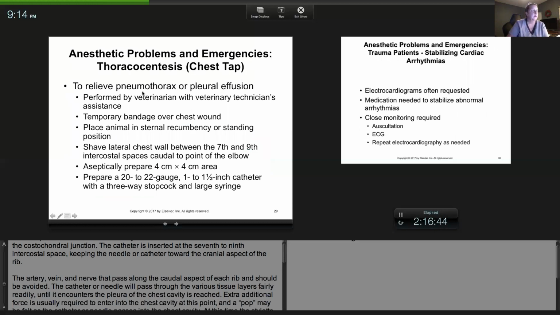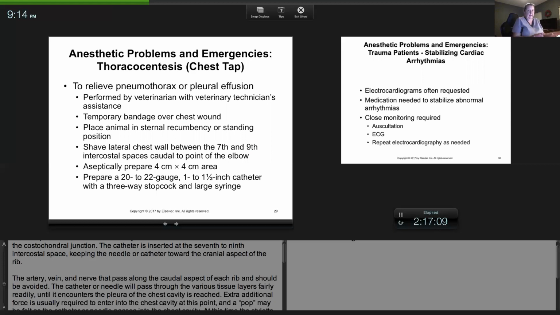And then here is the procedure to do a chest tap. Again, this is normally done by the doctor. The best way to do this is we put them in sternal. I usually pull their front legs forward because you have to get to about between the 7th and 9th rib, and in most dogs the elbow is about the 5th to 7th rib.